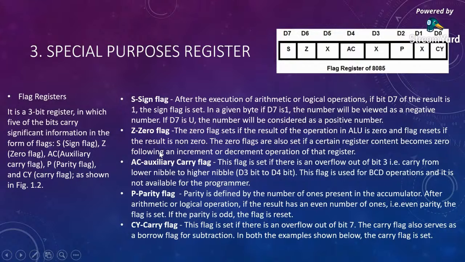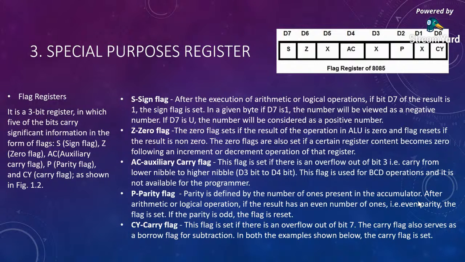Parity flag is defined by the number of ones in the accumulator after an arithmetic or logical operation, and it will result in an even number of ones. So if the parity flag is set, then the parity is odd. Vice versa, if the flag is reset, then the parity is even.